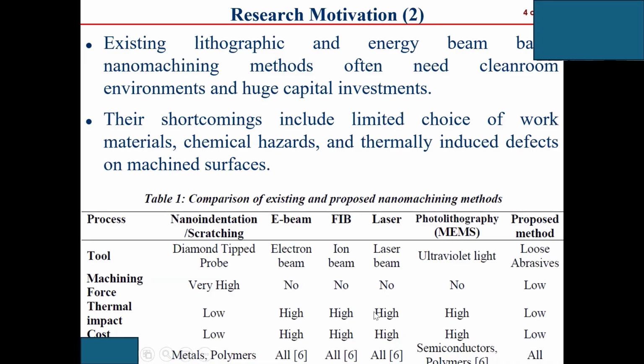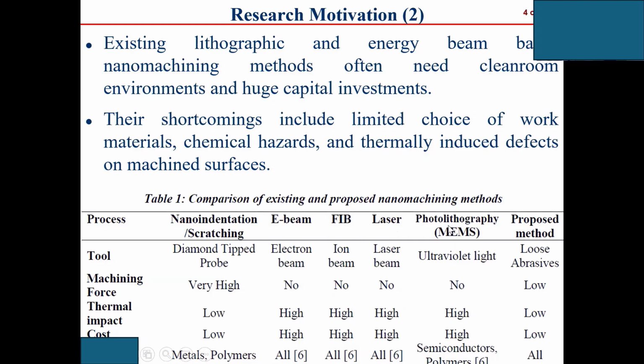The thermal impact is high because the laser beam usually has very high energy, and the cost is very high. You need to build this high energy laser system first. This method can be used to nano machine almost all the materials we currently know.